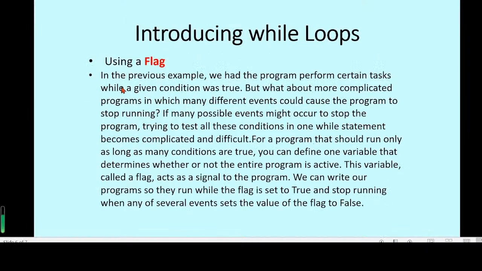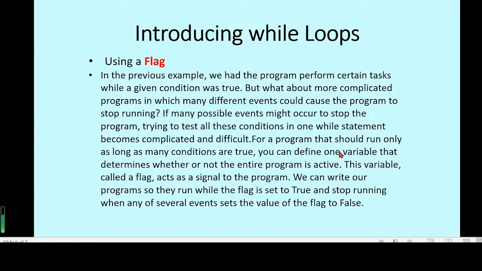Using a flag. In the previous example, we had the program perform certain tasks while a given condition was true. But what about more complicated programs in which many different events could cause the program to stop running? If many possible events might occur to stop the program, trying to test all these conditions in one while statement becomes complicated and difficult.